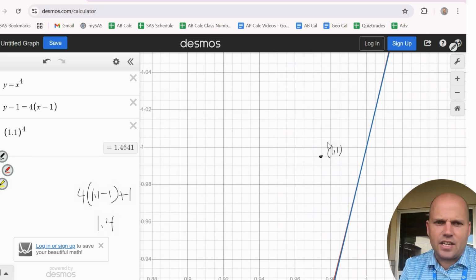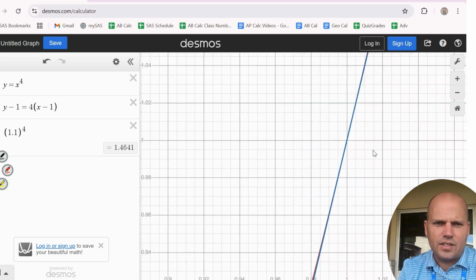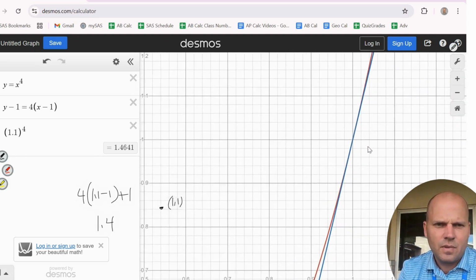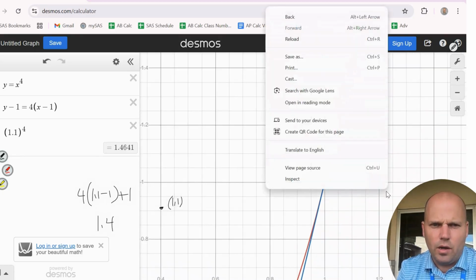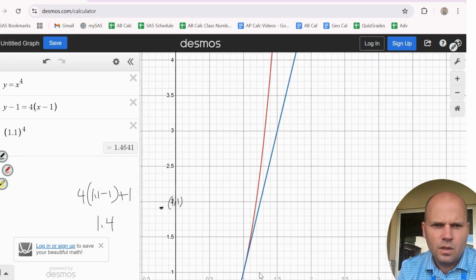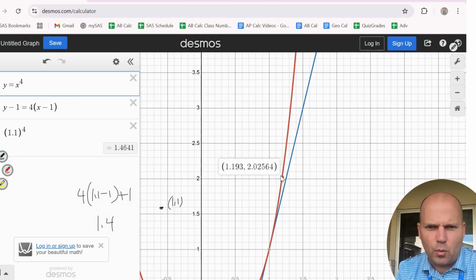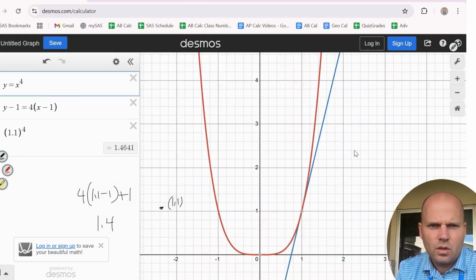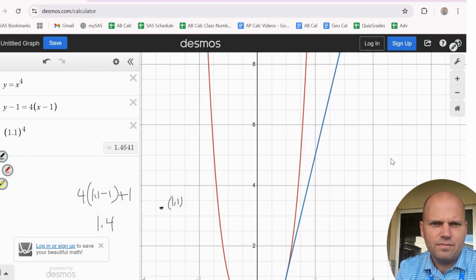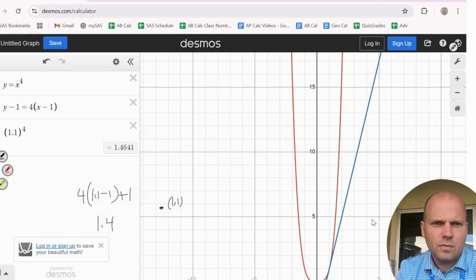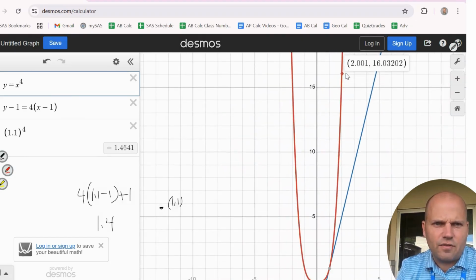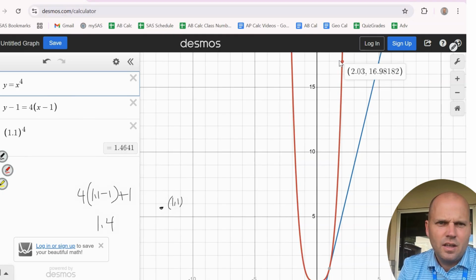But let's say I asked you what is, I don't know, 2.1. Like, what's the value at 2.1? I gotta zoom out a lot. Well, you can see the value at 2.1. I would not use this blue line.